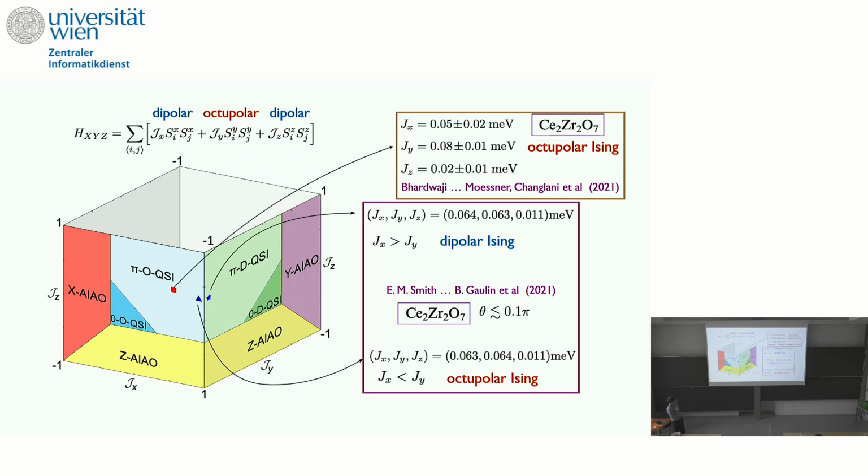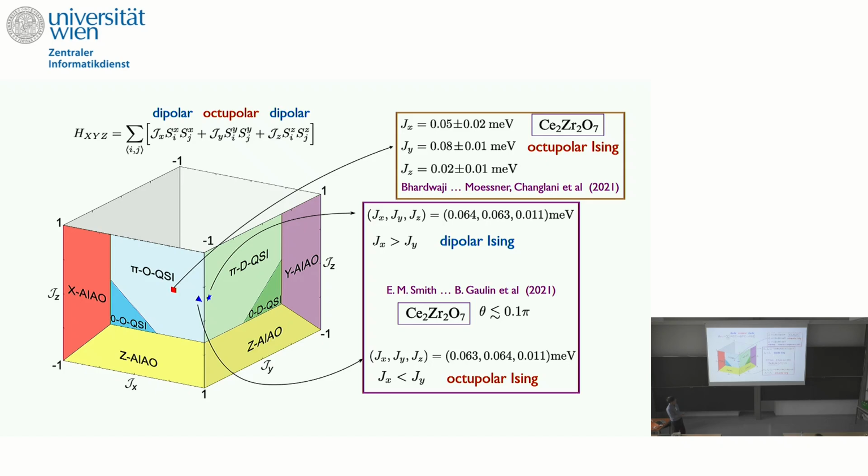And it turns out that Bruce Gaulin's group showed that this material, cerium zirconate, may be very, very close to this phase boundary between a pi-flux octupolar or a pi-flux dipolar quantum spin ice state. So according to this phase diagram, both possibilities could fit the thermodynamic data very well. So at this point, it's not clear which one may be the preferred scenario.